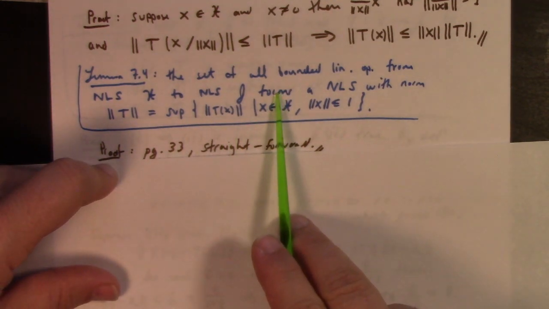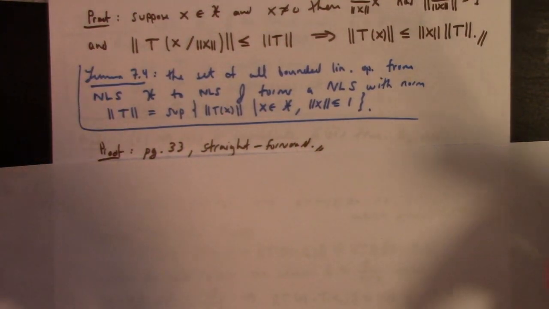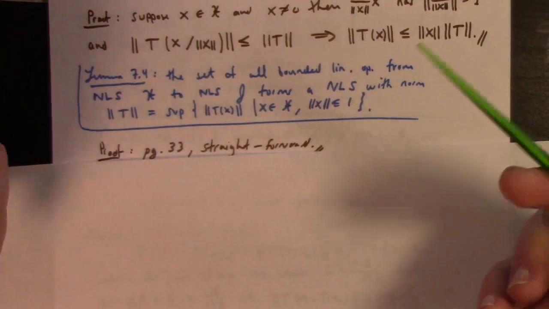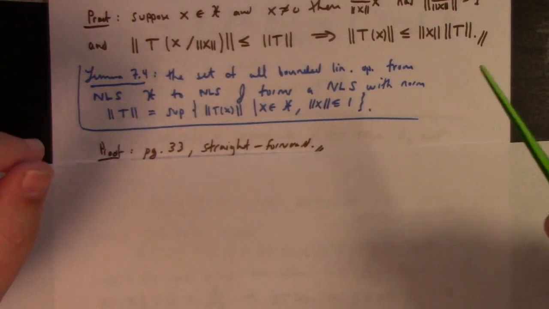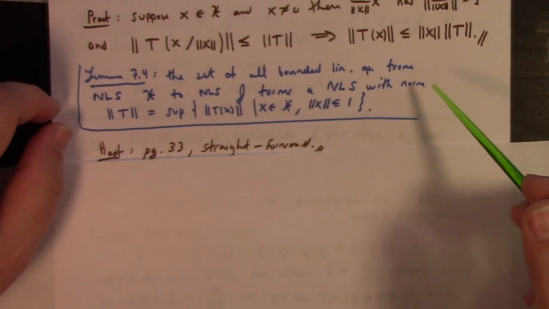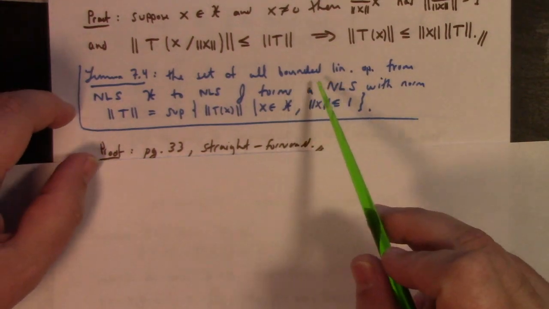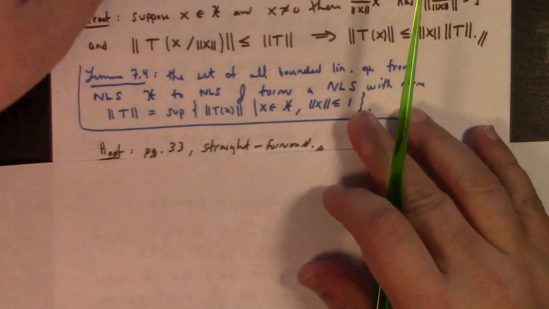Just like in linear algebra, we look at linear transformations from a vector space to a vector space, and then all of a sudden we get to say, guess what? They're also a vector space. This is kind of a similar thing. The space of bounded linear operators from a normed linear space to a normed linear space is itself a normed linear space.